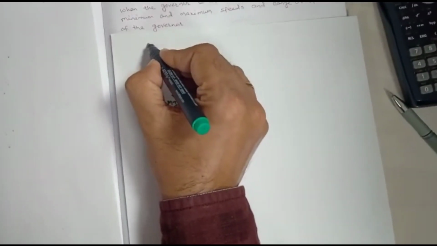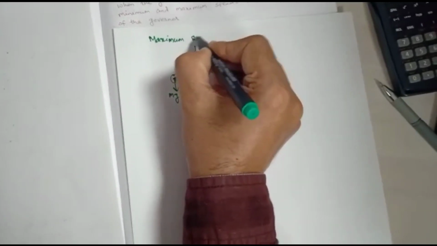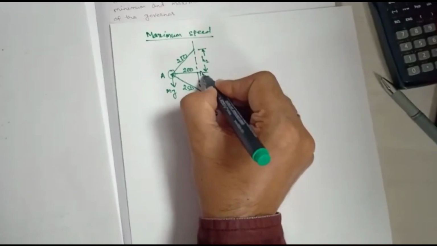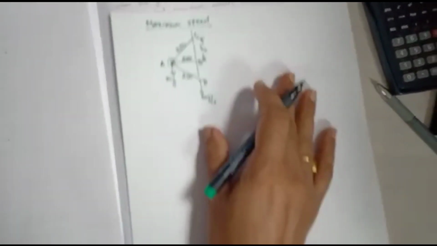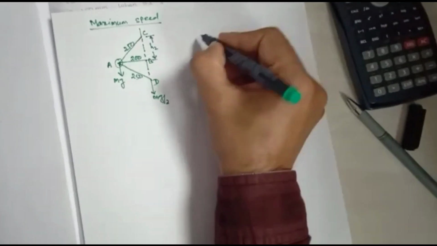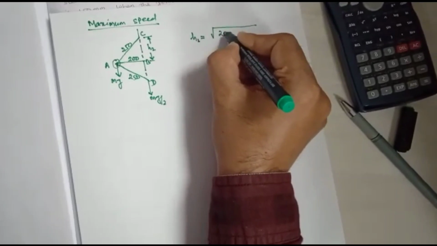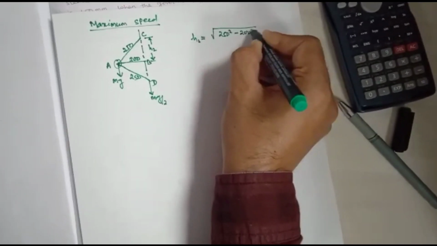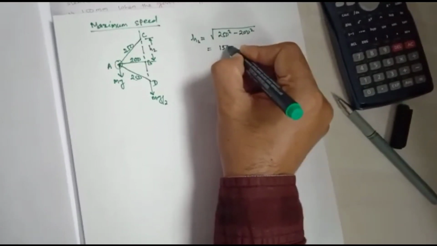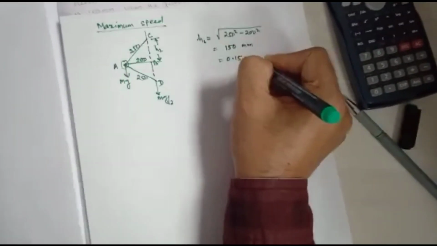Now we are finding out maximum speed. Let this be A, this point is B, this is C, this is D. Similarly, according to Pythagoras theorem, we can find out H2. So H2 is root over of 250 square minus 200 square. It will come after calculation 150 mm, that is 0.15 meter.